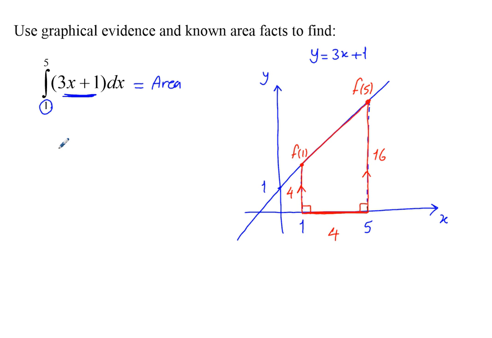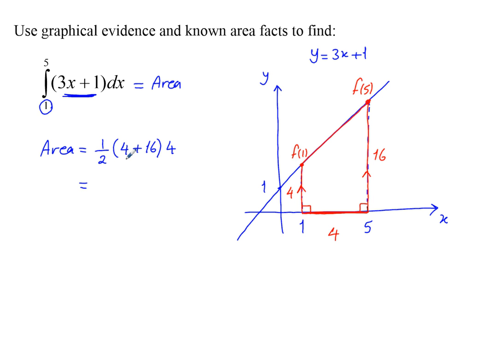So now the area equals half the sum of the two parallel bases, which is 4 plus 16, times the height of the trapezium, which is 4.